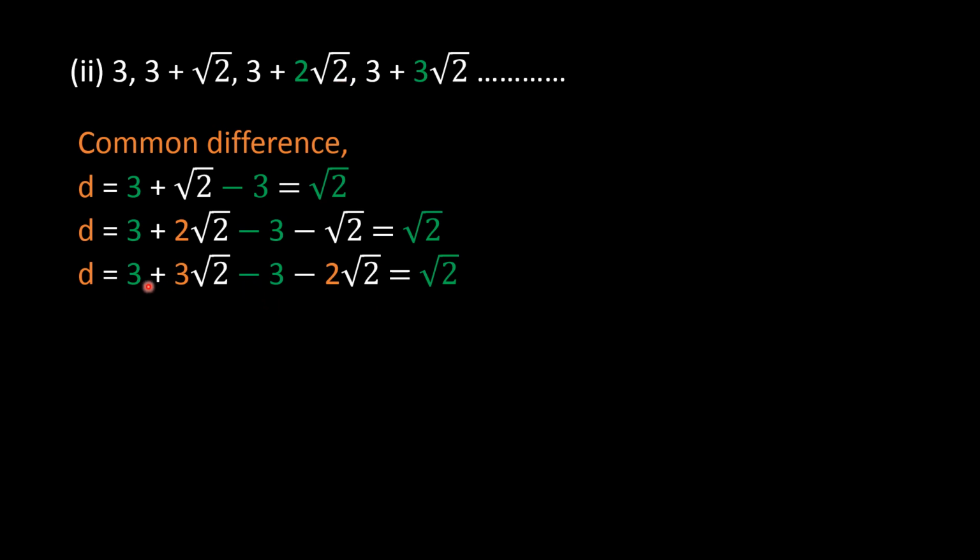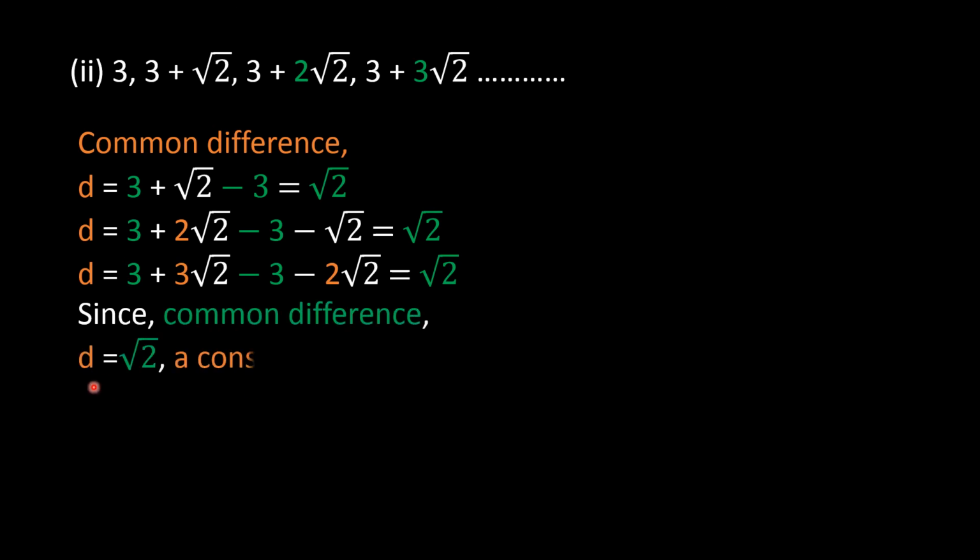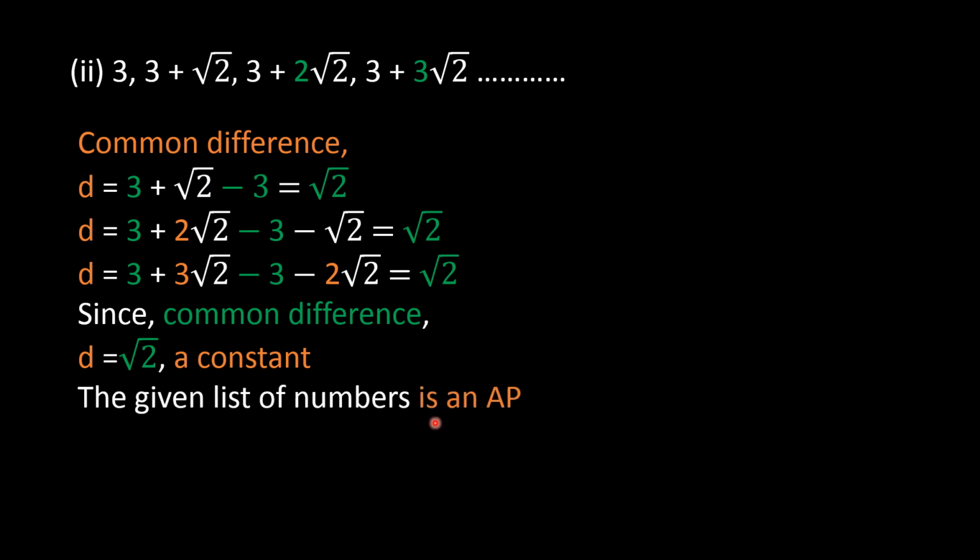So here 3 minus 3 will become 0. 3 root 2 minus 2 root 2 will give us root 2. So in this case also D is root 2. So we observe that in each of these cases the common difference D works out to be a constant number which is root 2. Therefore, we conclude that the given list of numbers is an AP.